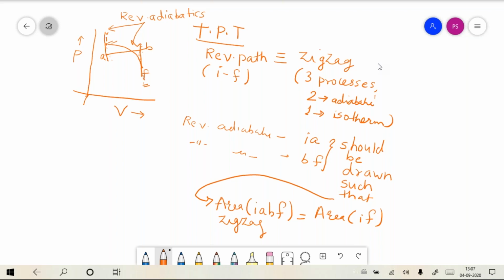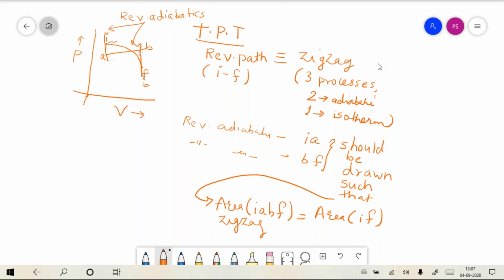One process is reversible adiabatic, which is I to A, followed by a reversible isotherm, which is A to B, and the third process is again a reversible adiabatic, which is B to F.